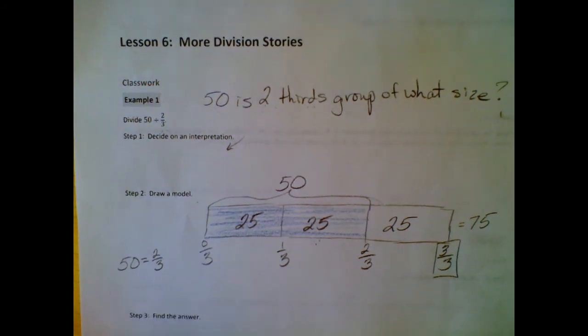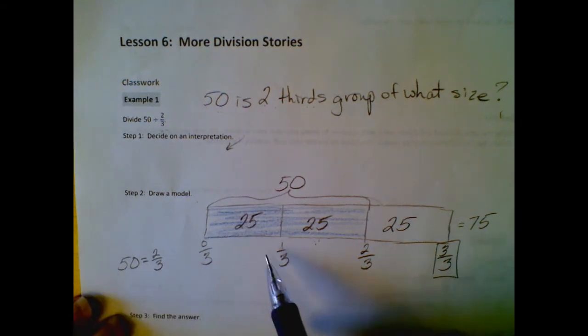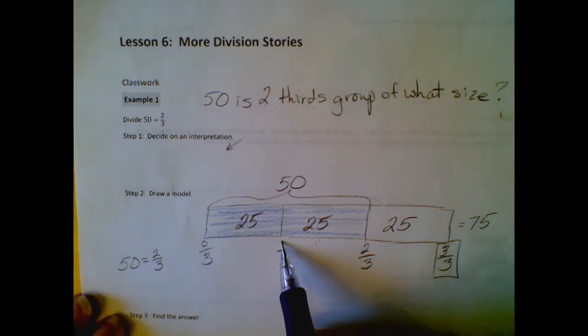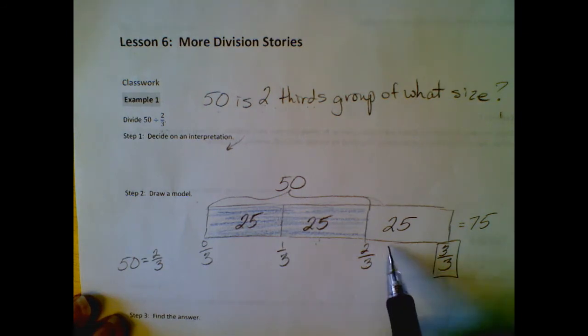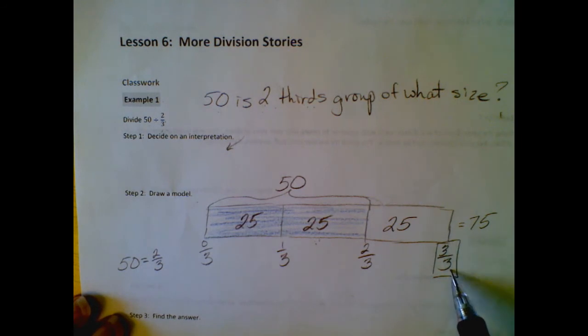Looking at the diagram, our first unit of 1/3 is 25, our second unit, 2/3, is 50, and our third unit, 3/3, would be 75.